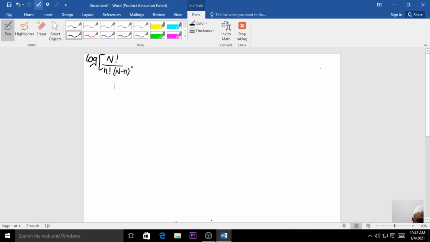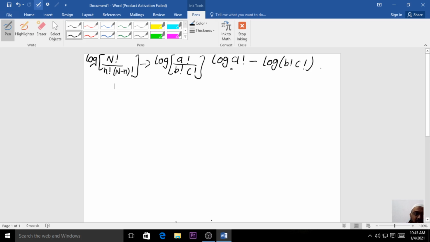minus small n factorial. Now this resembles the fact that log of, it is in the form like this, a factorial by b factorial into c factorial. So how are you going to write this? Log a factorial minus log b factorial into c factorial. Is it clear to you?